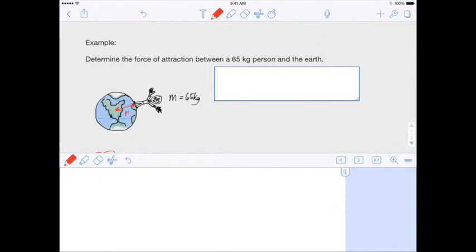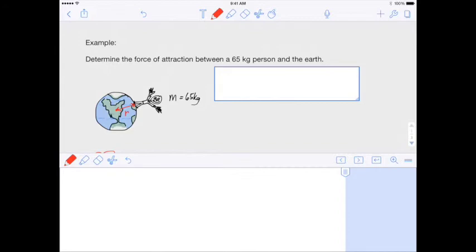We have a 60 kilogram person on Earth, and we want to determine the force of attraction between the object and planet Earth. Now, in the past, we just would have multiplied this by 9.8 to find the force of gravity. But we're going to use Newton's law of universal gravitation.